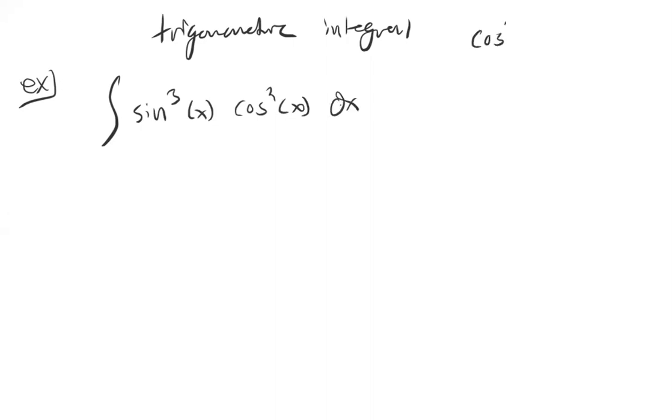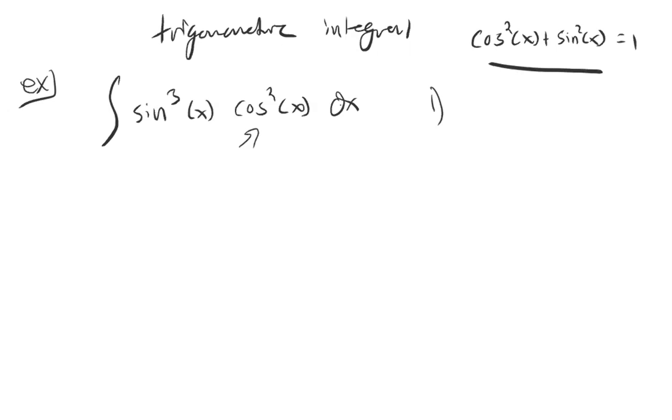Now recall that we have cosine squared of x plus sine squared of x is equal to 1, okay? So there are generally a few ways to approach these because we have these identities and they're very useful. Some of these approaches will lead to a dead end though. So first approach, let's say, well, we have this nice cosine squared here. That seems like it's kind of begging us to use this Pythagorean identity.